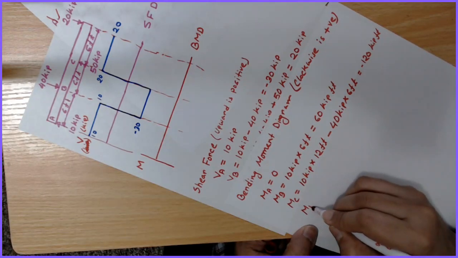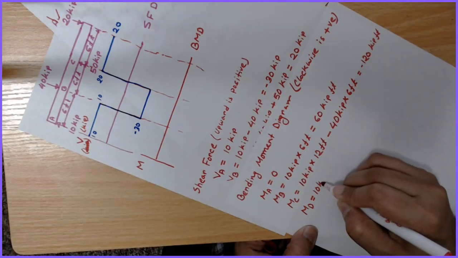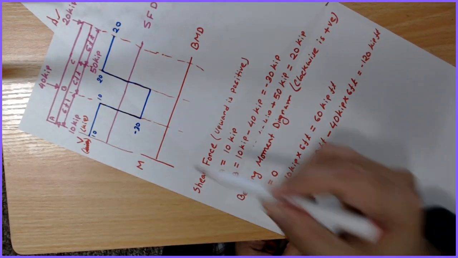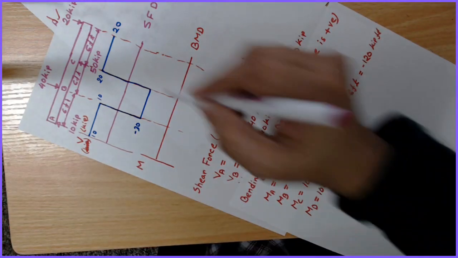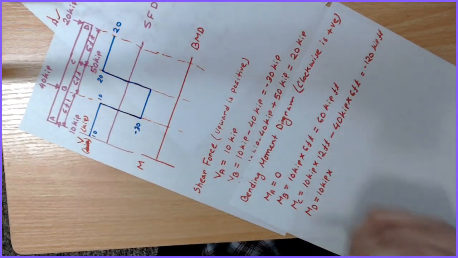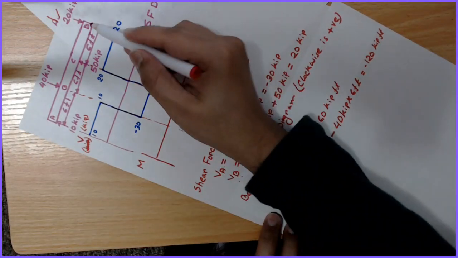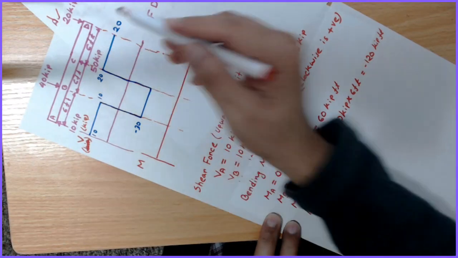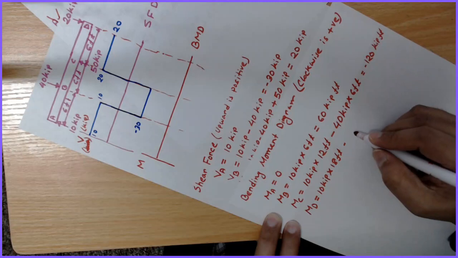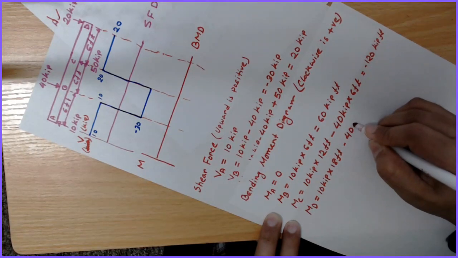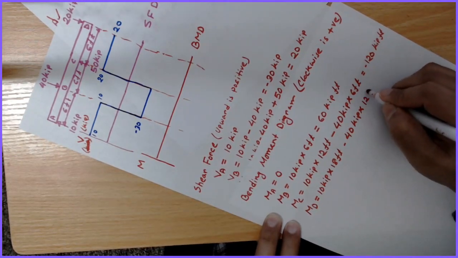Now MD is 10 kip multiplied, so this is my position D, and from this D it is 18 feet away, 18 feet minus 6, keep 12 feet.